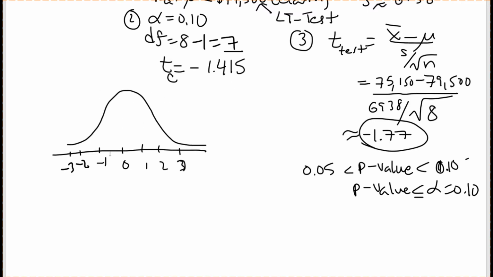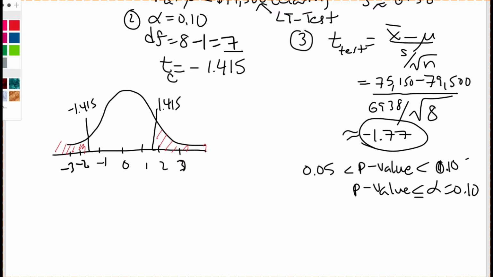So we got the negative 1.4 here. And clearly this is not drawn to scale because my graph is not very symmetric, but we'll use it anyways. So we have our rejection regions, and we have our t-test, which is negative 1.77.